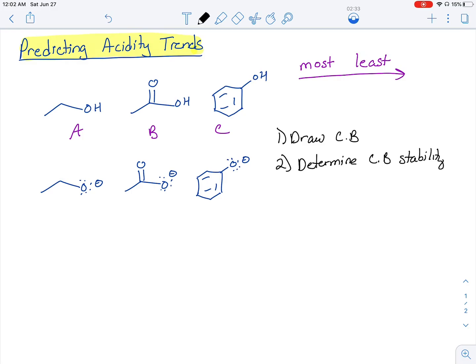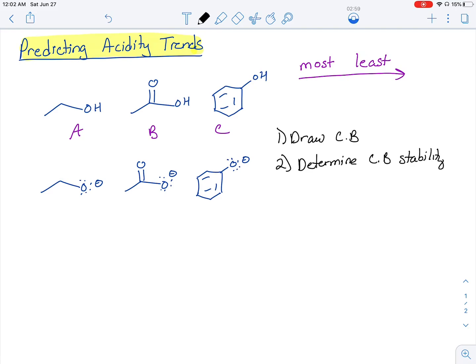If we define an acid as a proton donor, let's try this: can we agree that the more readily it's available to lose a proton, the better the acid? Absolutely, right?